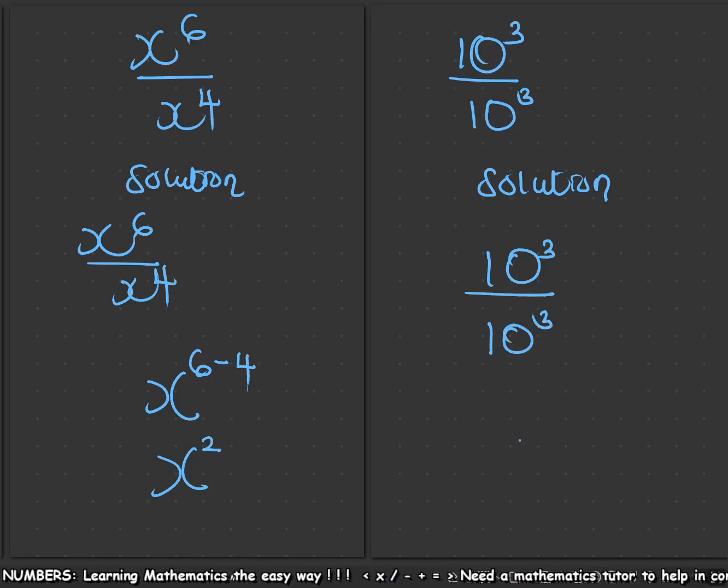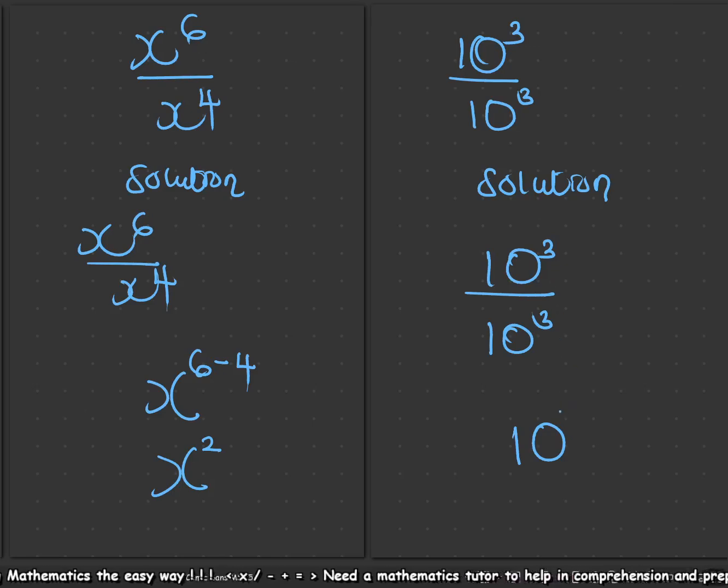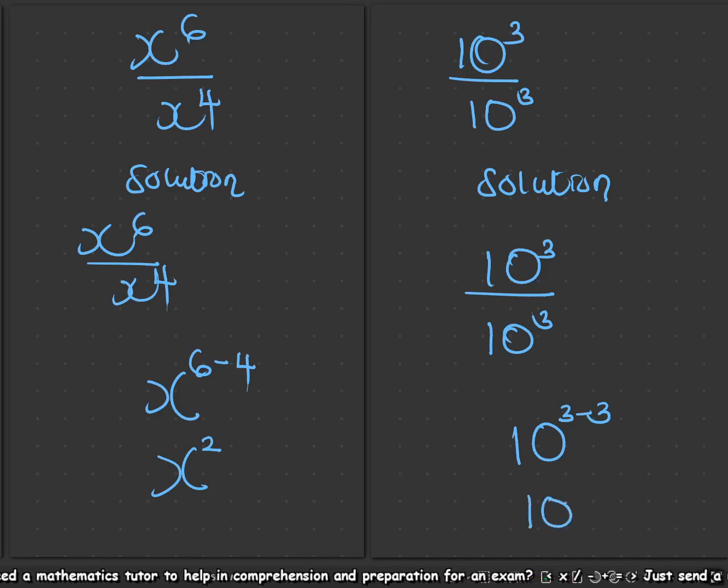So we have 10, and then you write out 3 from this side, minus 3 from this side. And 3 minus 3 gives us a 0. And you remember in our introductory video, we said any number raised to the power 0 is a 1. So this here gives us an answer of 1.